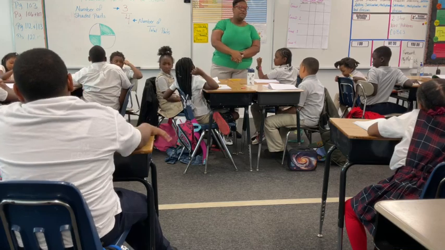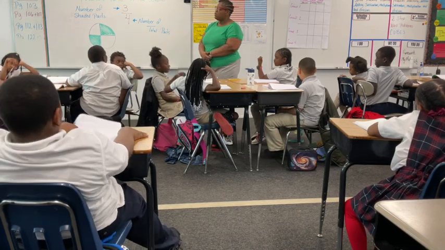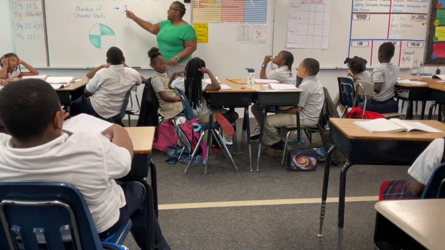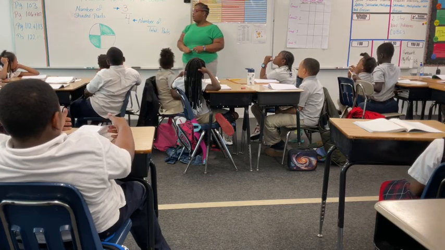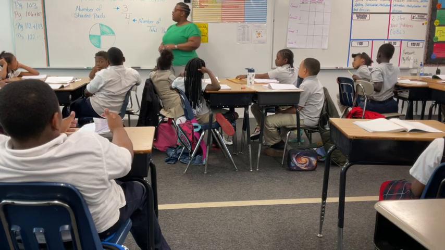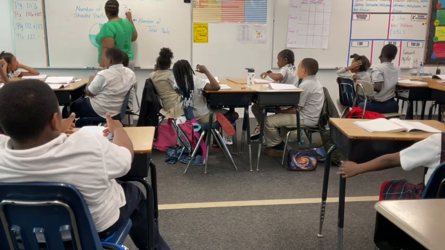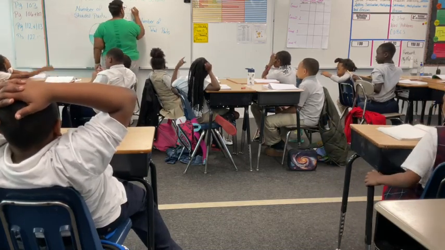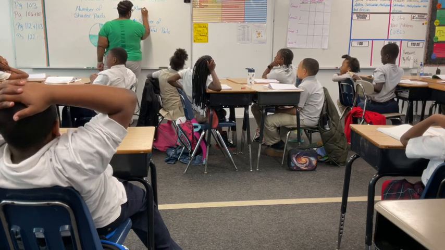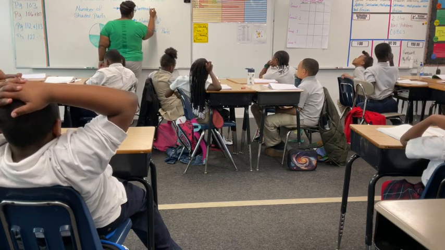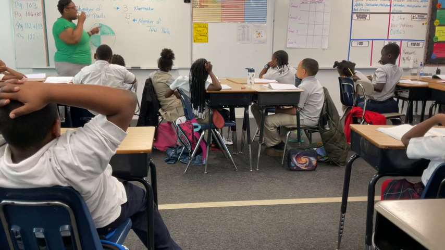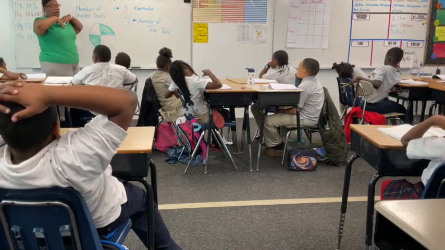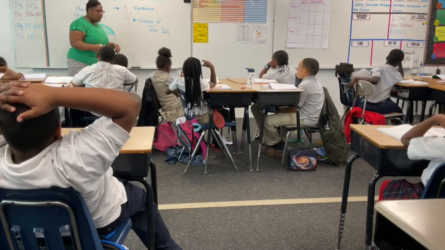All right. So the fraction of how many slices are gone is 4 12ths. Okay? So fractions are parts of a whole. The top number, also known as the numerator, represents how many parts are shaded, how many parts are gone, how many parts of the whole.